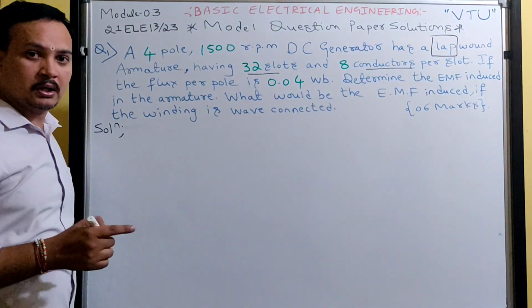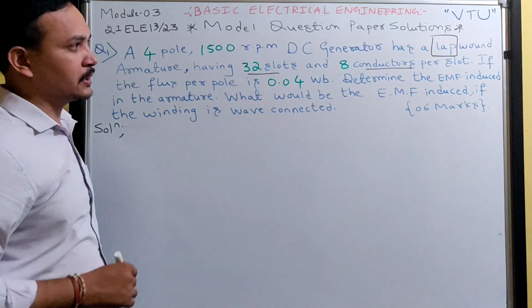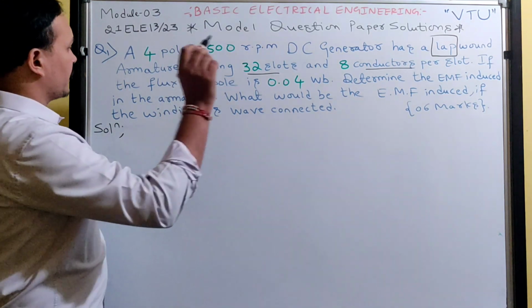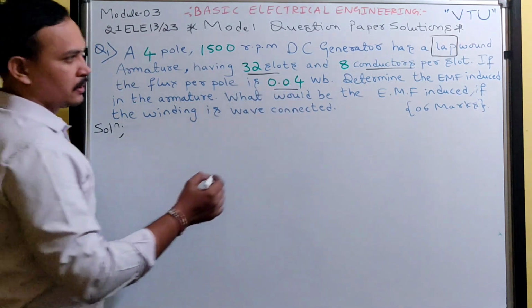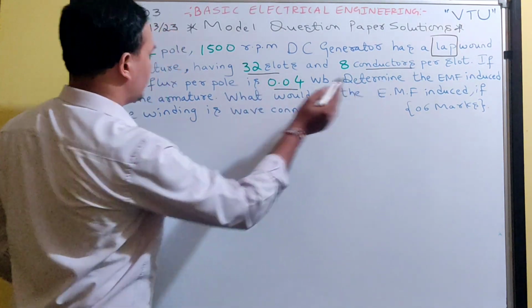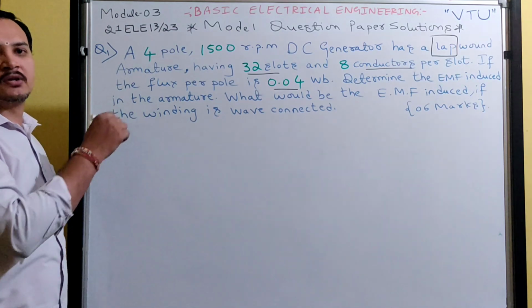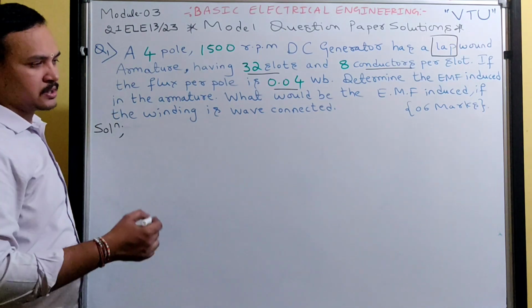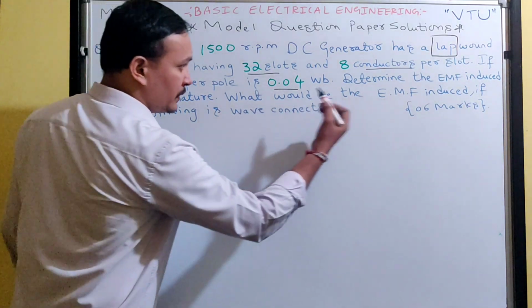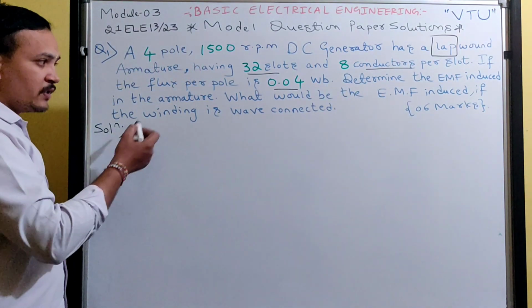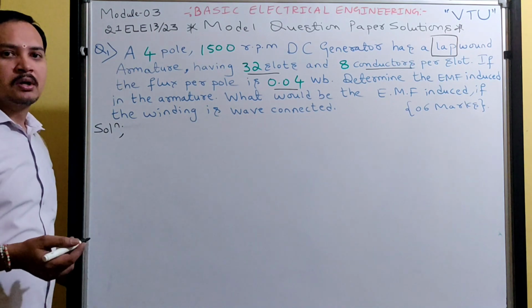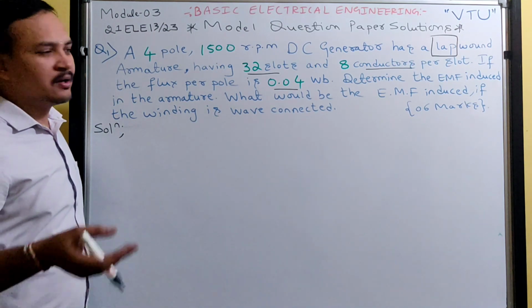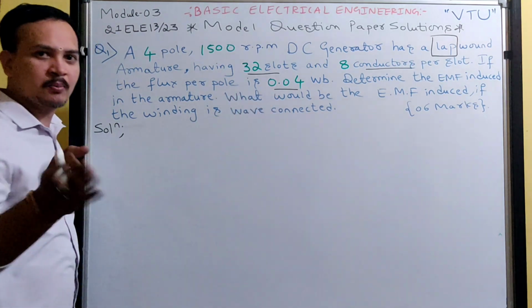If the flux per pole is 0.04 Weber, determine the EMF induced in the armature. They also asked, what would be the EMF induced if the winding is wave connected? Very easy question. If you know one formula, you can easily take 6 marks in your pocket.